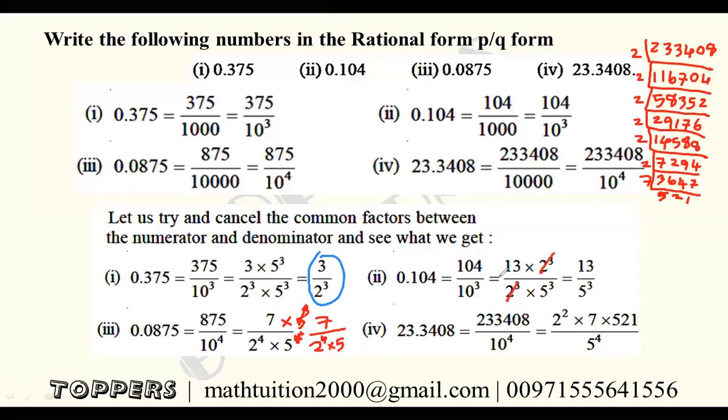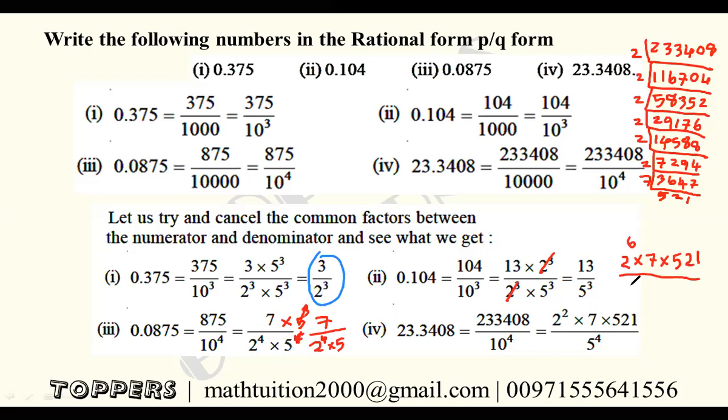When we are prime factorizing 233408, this is the prime factorization. So 2, 1 2 3 4 5 6 times. So 2 raised to 6 into 7 times 521, which is a prime number, divided by 10 raised to 4.